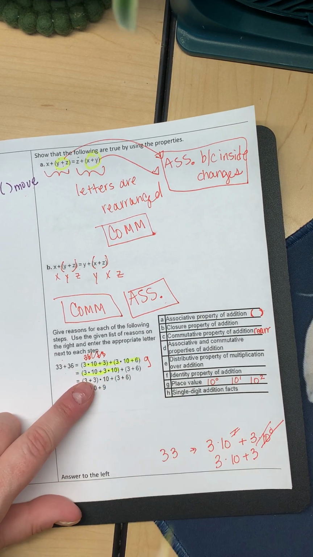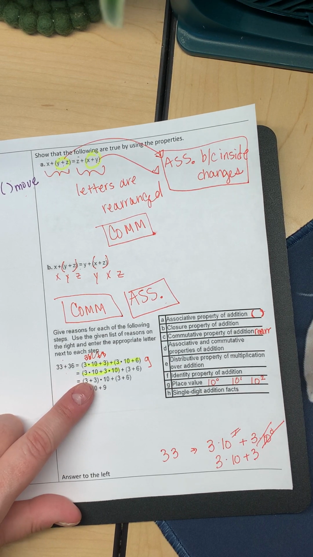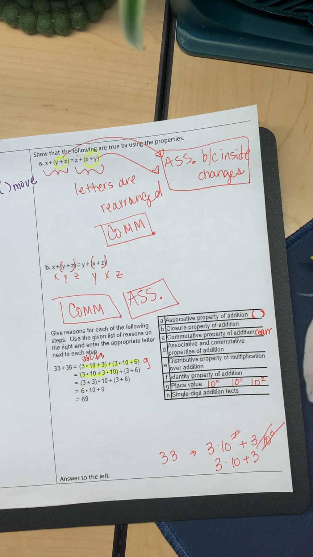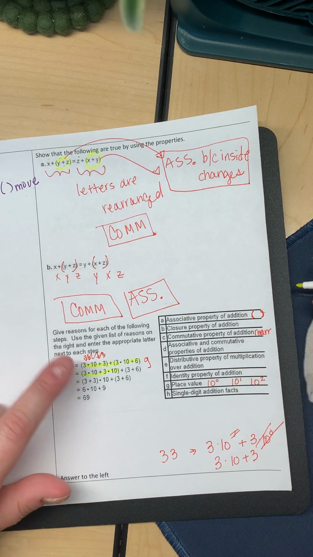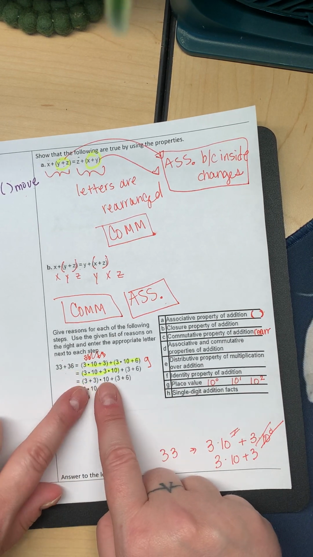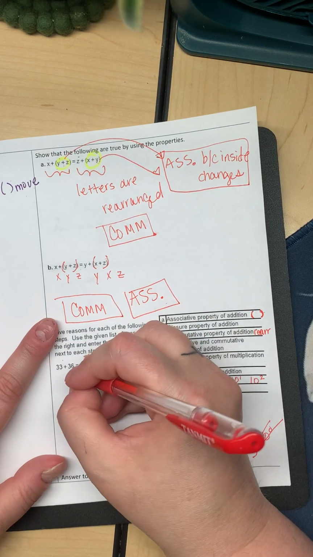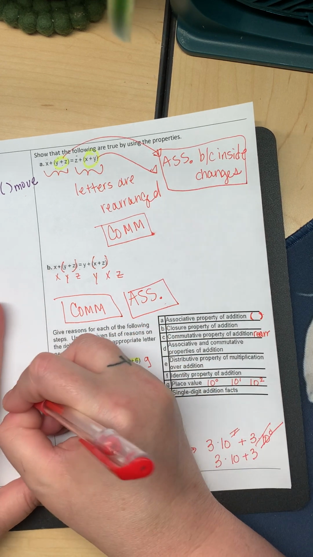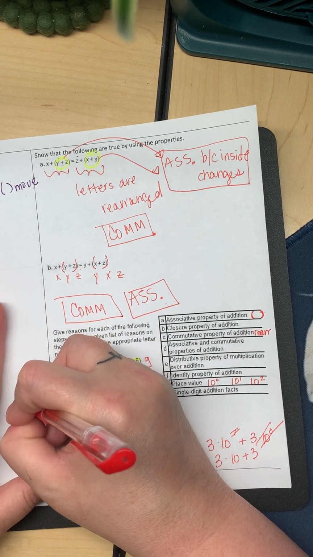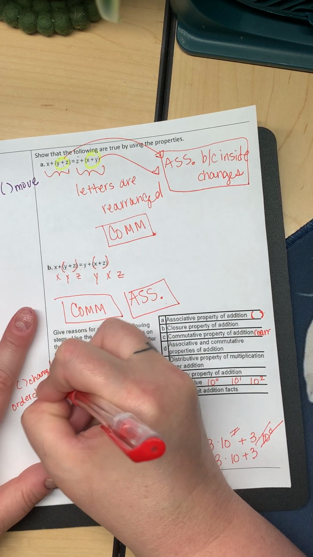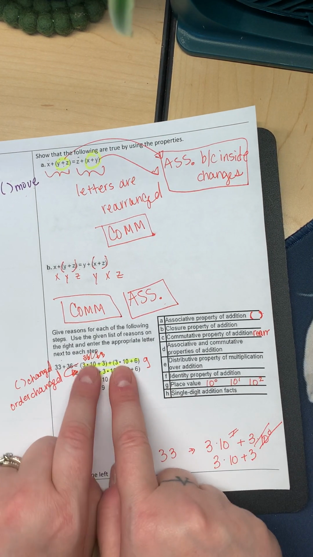Okay, so not only did we have the associative, because the parentheses change from one line to the next, but the order of the letters also changed. So from this first to second line, the parentheses changed and the order changed. So see, what's inside the parentheses on the first line compared to the second line is not the same.